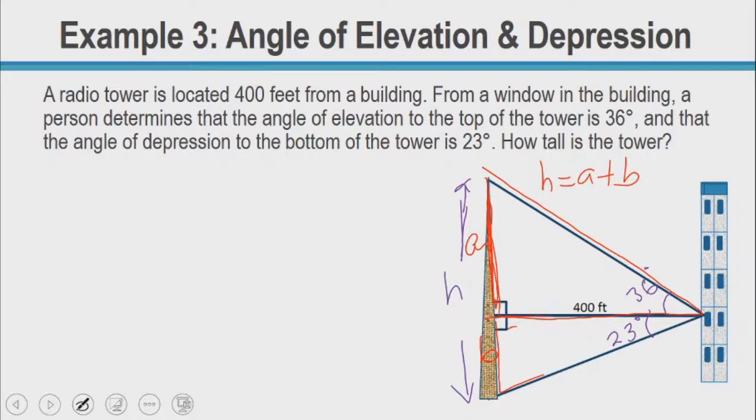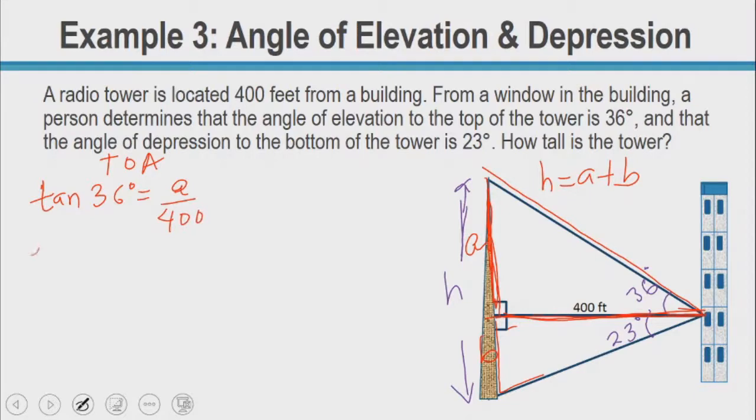We are only given this adjacent distance, which is 400 feet. So I have adjacent and opposite. So then TOA should come to your mind. SOHCAHTOA. So let's apply the TOA in this case. The tan of 36 degrees will be opposite, which will be A in this case, divided by the adjacent, which is 400.